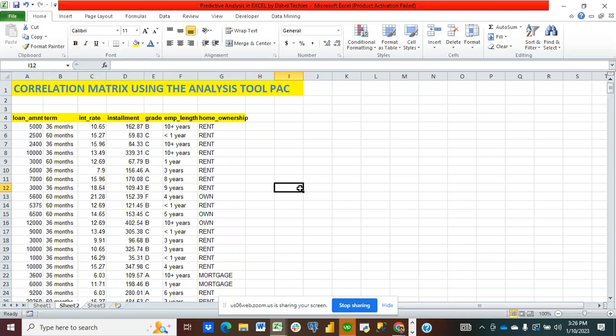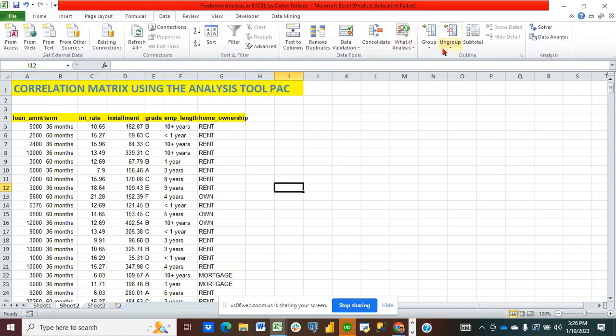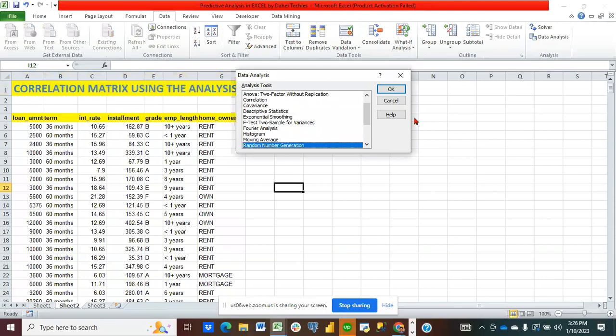And for us to understand what correlation matrix is, let's just simply go to the data menu, and then remember we have this sorted out, data analysis, and then choose correlation.